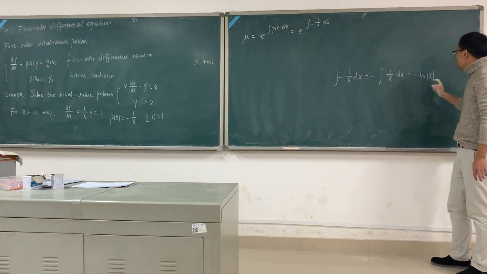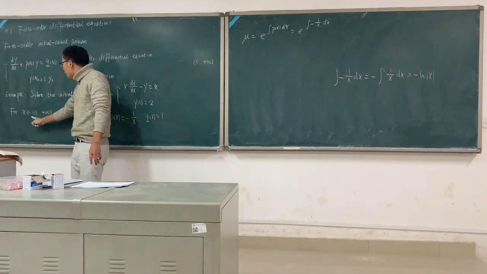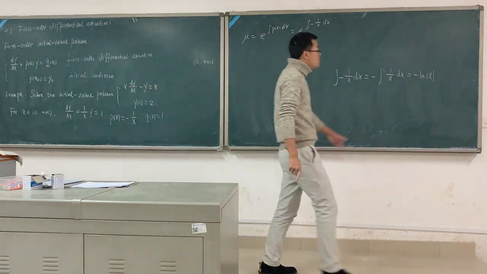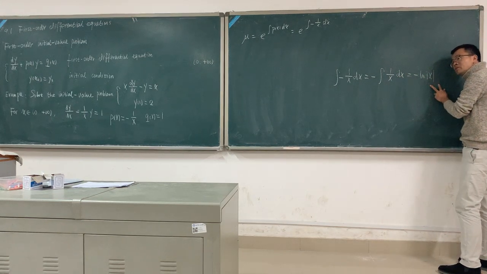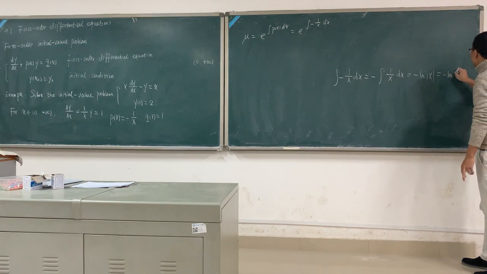Because we just study the interval x belongs to 0 to plus infinity, x is positive, so the absolute value is the same. So here it is minus log x.